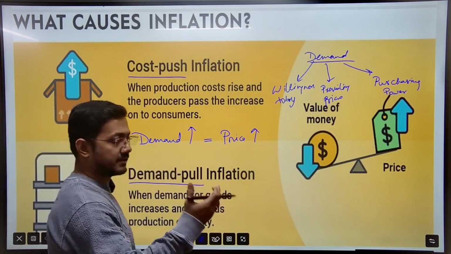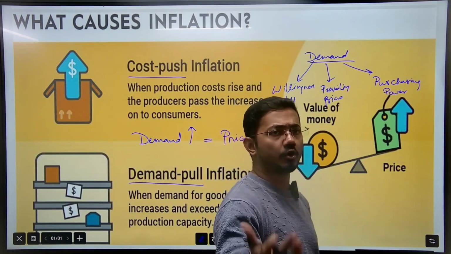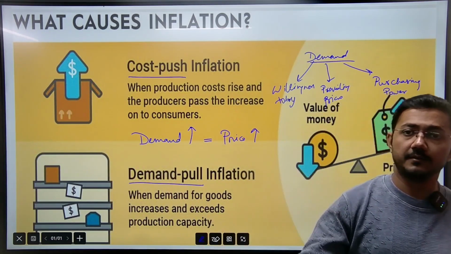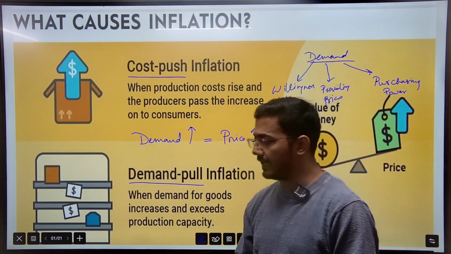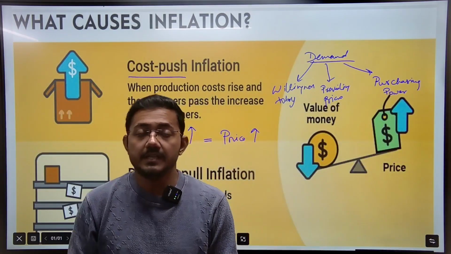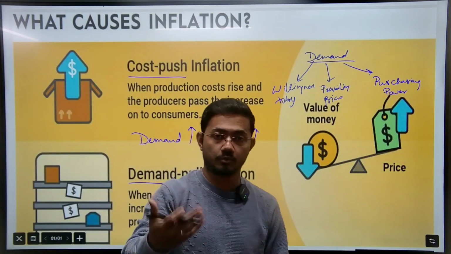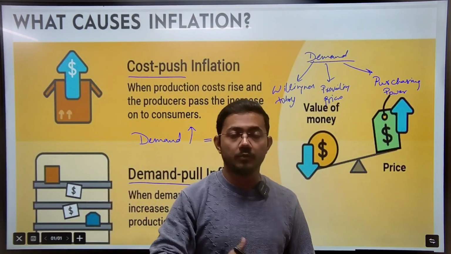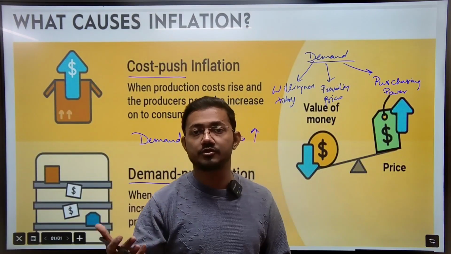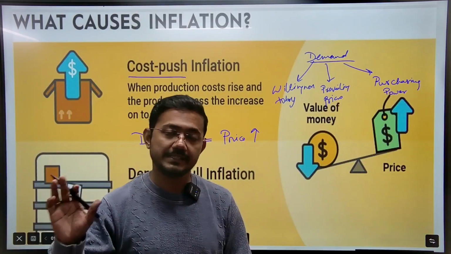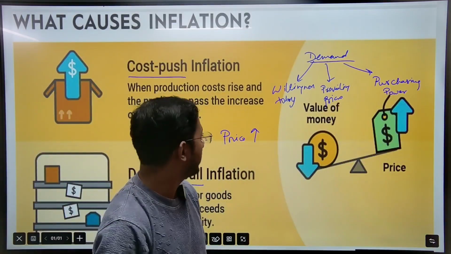It's anything, say vegetables, fruits, clothes, real estate, buildings, any kind of services. If the demand keeps on increasing, if people need more of it, then eventually the price of that good or service increases.